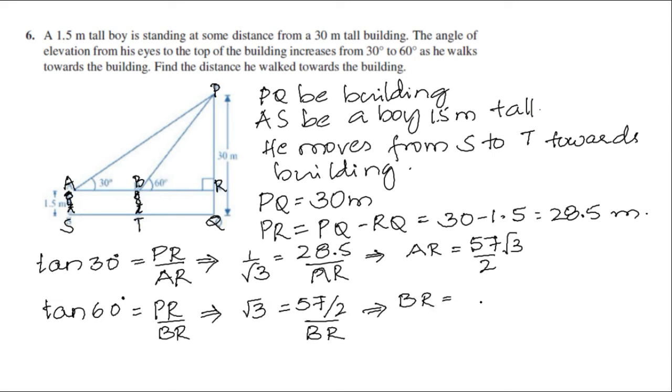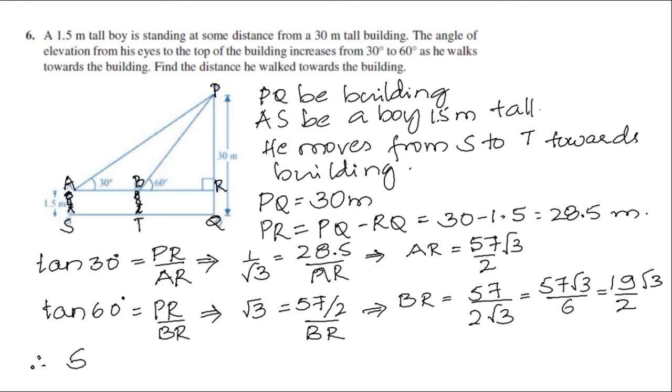BR will be equal to 57 upon 2 root 3. This is same as 57 root 3 divided by 2. 3 times is 6. It is divisible by 3. 3 19 times and 3 2 times. We get 19 root 3 by 2.